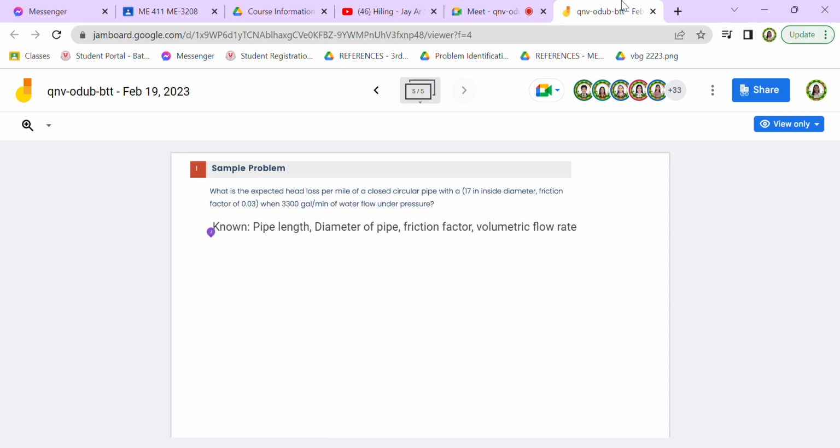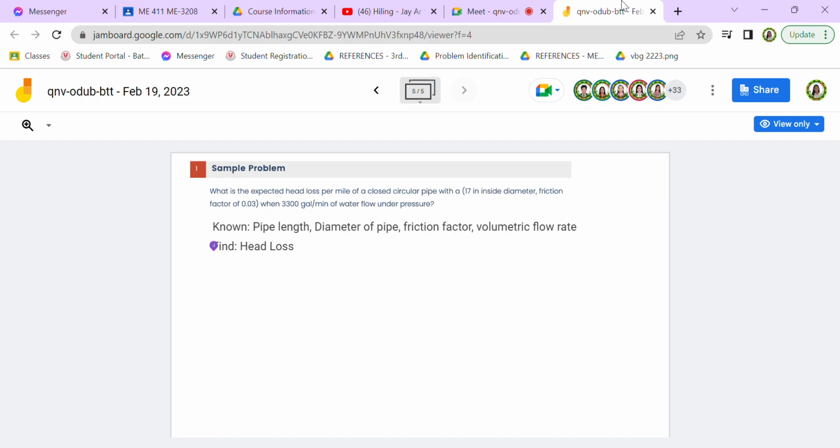So, ano yung hinahanap sa problem? Ang hinahanap dito is the head loss or the major head loss or denoted by H sub L. So, given length ng pipe is equivalent to 1 mile, later ko-convert natin yan into a standard unit.